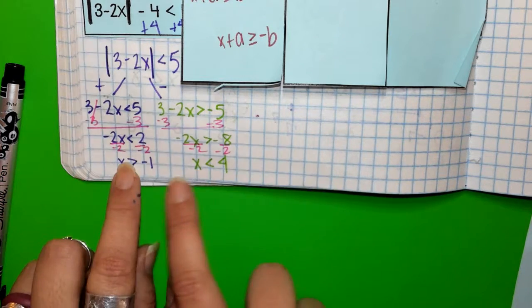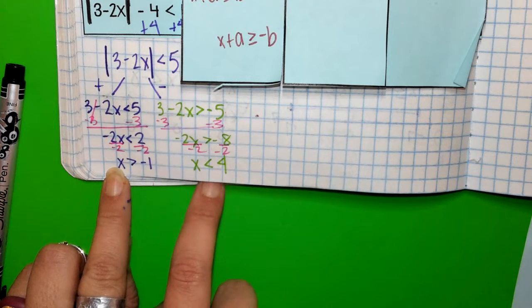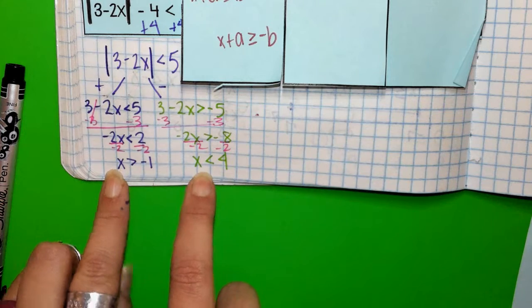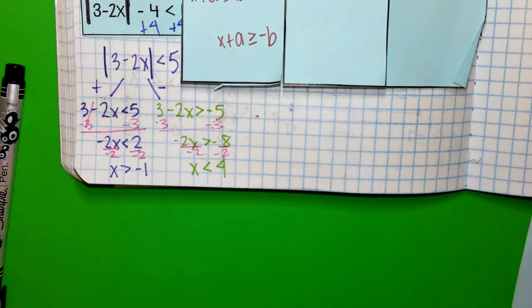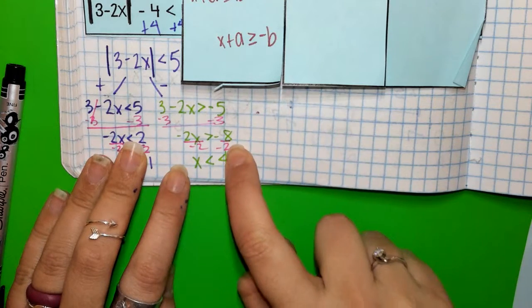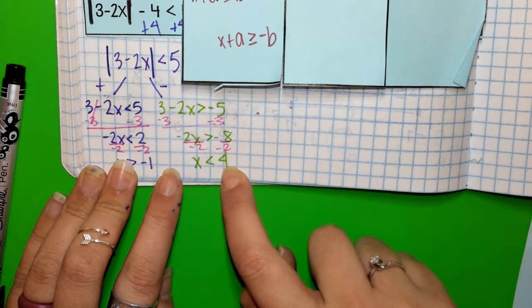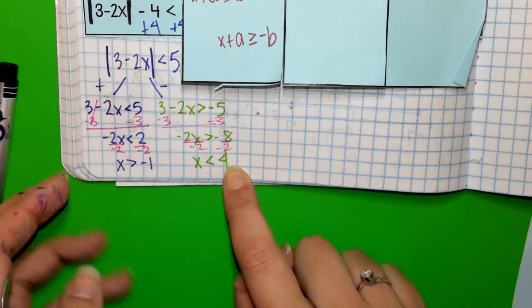All right, so did you guys get x is greater than negative 1 and x is less than 4? Yes. Yay! Kimberly, what'd you get? How? A negative divided by a negative is a positive. Yeah, that's all that happened.